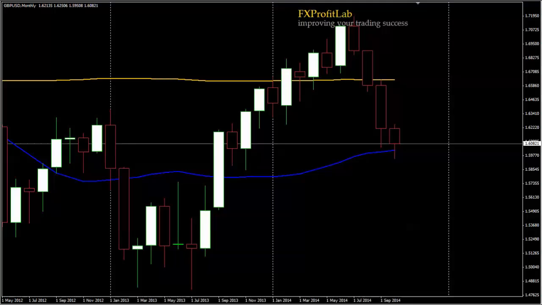So from this point of view, we might expect, since it's over this 50 and below the 200, that it might stay in this period here. But as you can see, that's not always true either. It was in this period between the lines there, and then it came above the lines. You have to make sense of that too.